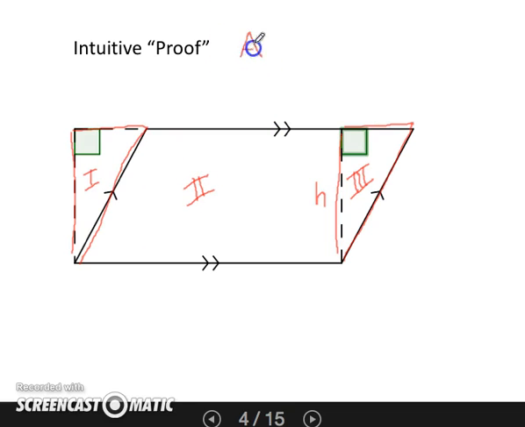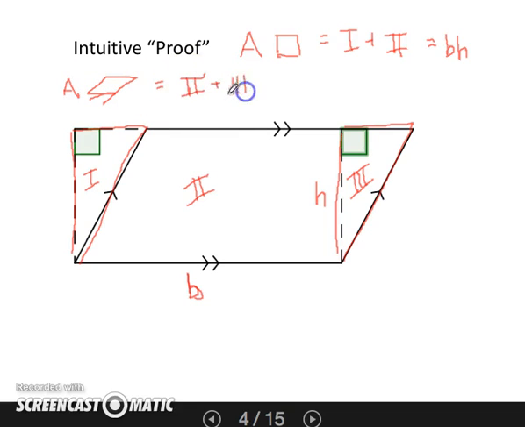So the area of the rectangle is region 1 plus region 2. And we know the area of a rectangle is base times height. I'm talking about this rectangle here. So the area of the parallelogram is region 2 plus region 3.